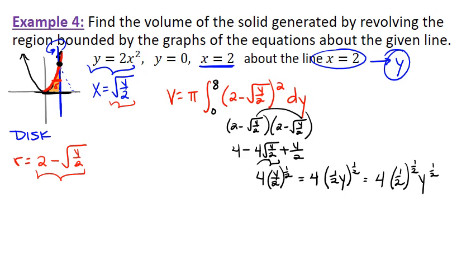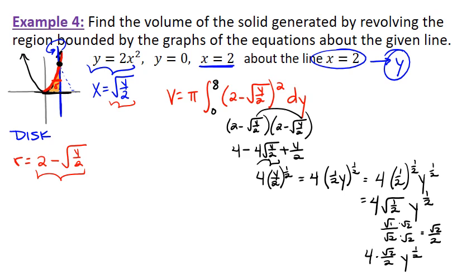So you can write this as 4 times the square root of 1/2, y to the 1/2. And then this is the square root of 1 over the square root of 2, and then you can rationalize. So this is just root 2 over 2. So you have 4 times root 2 over 2 times y to the 1/2. Well, the 4 and the 2 simplify, so this is 2 root 2 y to the 1/2. And that is what you get to integrate.